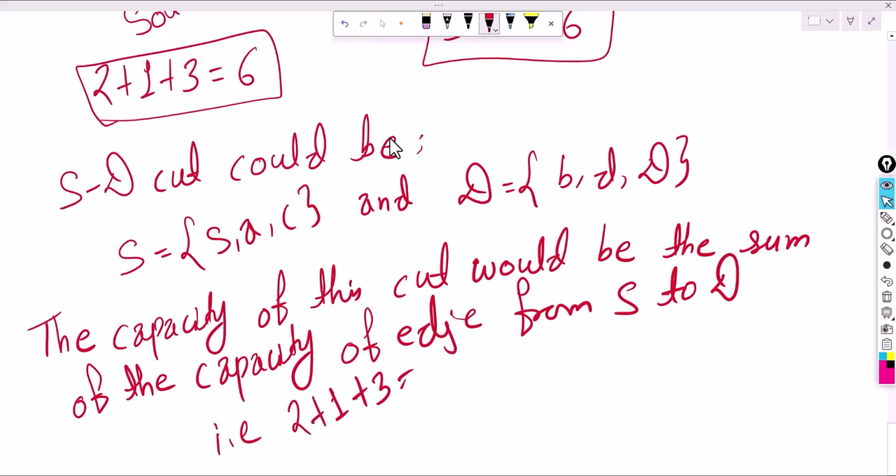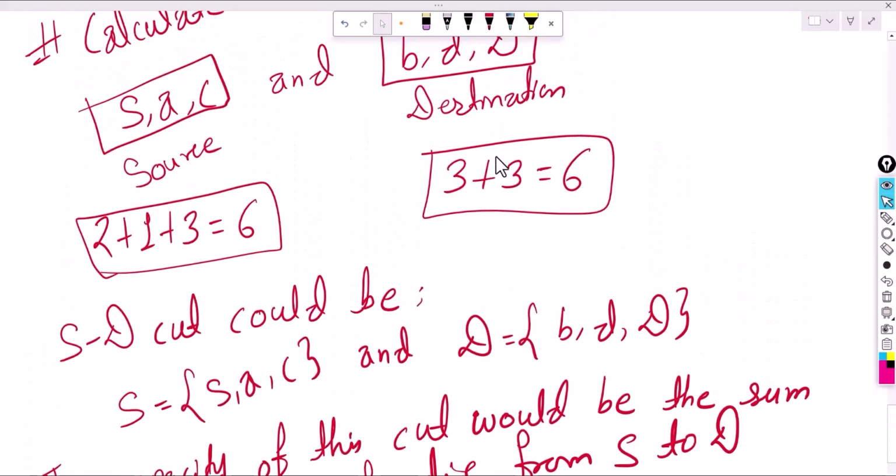This is your answer, right? So you need not write the destination part, that is 3 plus 3, or you can write this 3 plus 3.